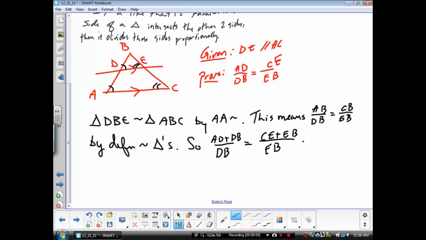That's just the segment addition postulate. Now I can use property of proportions. See how this is the denominator, DB, and this is the denominator, EB? By property of proportions, going the other direction, I will have AD is to DB as CE is to EB.